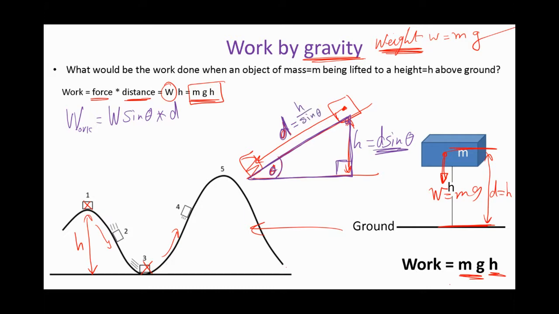It's the same. So I will remove this d and write it as h over sine theta. This sine theta cancels with this sine theta. The leftover is the weight W times h, which is mgh. Anyway, if you understand it, that's good. If you don't, let's just know it as mgh, and inshallah, next year when you study physics 101, we will study it again. So again, the work done by the gravity is mgh.